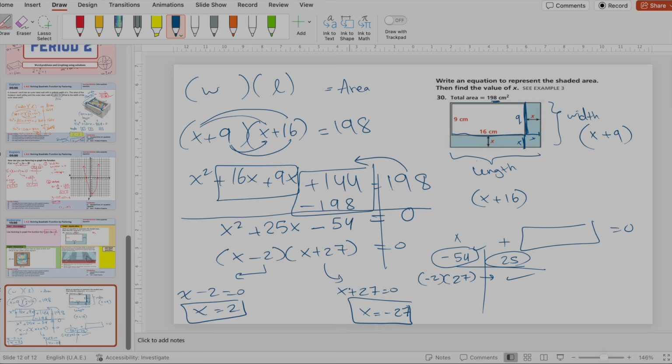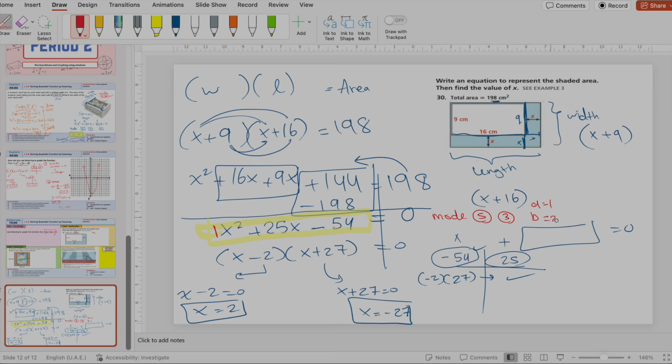You can do factorization, or from here, take your a, your b, your c, and put them in the calculator. Go to mode, 5, 3, and then your a is basically your coefficient of x squared, it's 1.